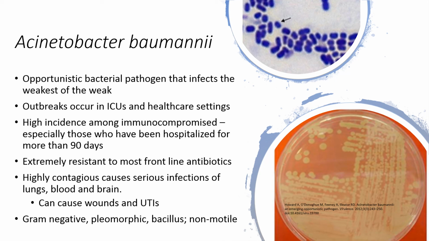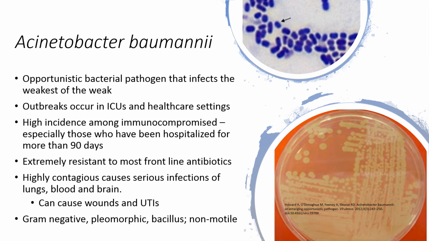Through being in healthcare environments, it has acquired many, many resistance genes, and it can be very difficult to kill. Because this bacterium infects the weakest of the weak, you have a high incidence among people who are immunocompromised, people who've been hospitalized for more than 90 days, and people who are in ICUs.